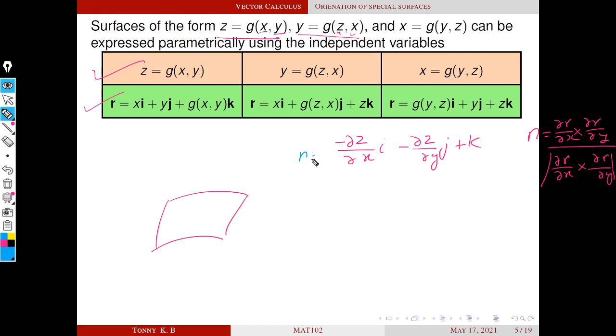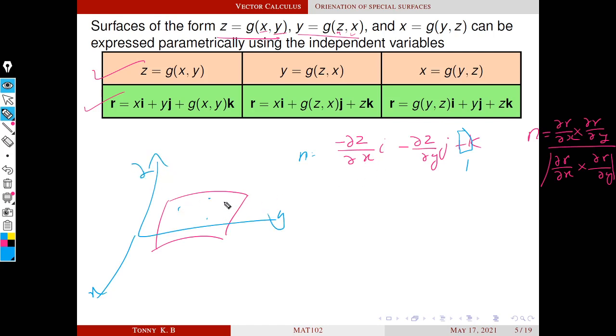So what is the direction of this n? Suppose z is equal to g(x,y), then my question is, what is the positive orientation? It is clear that whatever be the point, for n, the k-th component, we have three components i, j, k, the coefficient of the k-th component is 1 throughout. That means this vector is always pointing in the upward direction.